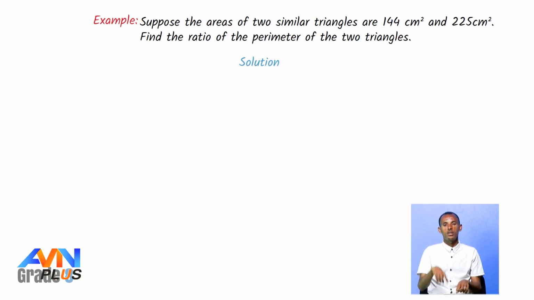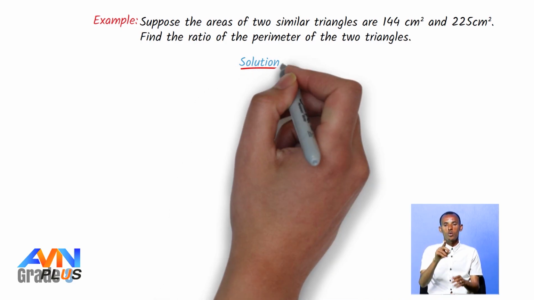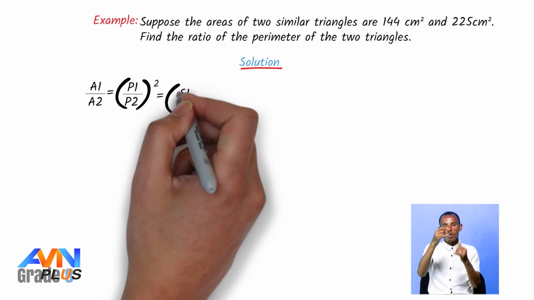So to answer this question, you need to remember the relationship that we derived earlier, right? We have seen that if two triangles are similar, the ratio of the area of one triangle to the other is P1 by P2 the whole square. Okay, this is also the same as S1 by S2 the whole square.